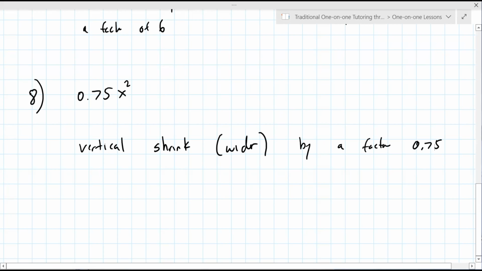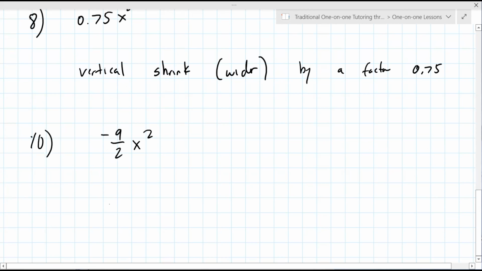And then a problem like, for example, 10 is minus 9/2 x squared. There's two things going on here. The order does matter, but these are kind of equal precedence. 9/2 is greater than 1. So forget about the negative for a moment, just the number.